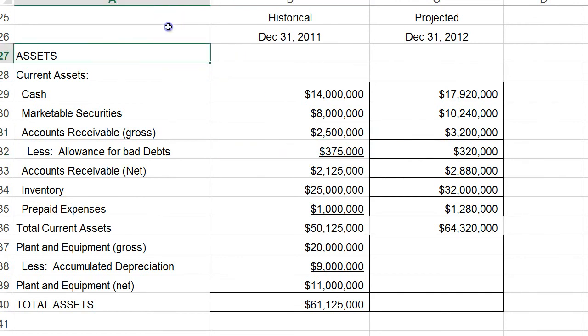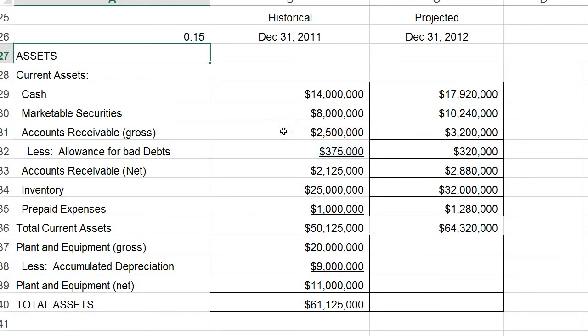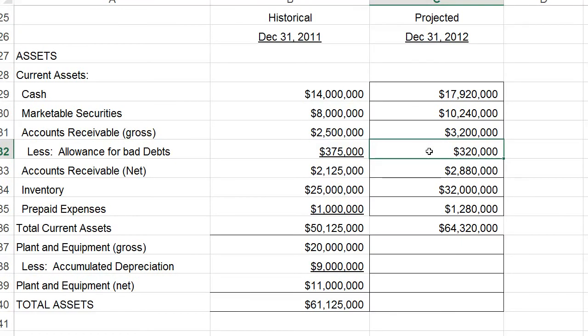So if we do a quick calculation, we see that it was 15% in the previous year, but this year we're lowering it to 10% of the current accounts receivable because maybe we feel the economy is better, our accounts receivable collection practices are better, our using of credit scores as such may have improved the quality of the people who we're lending money to.